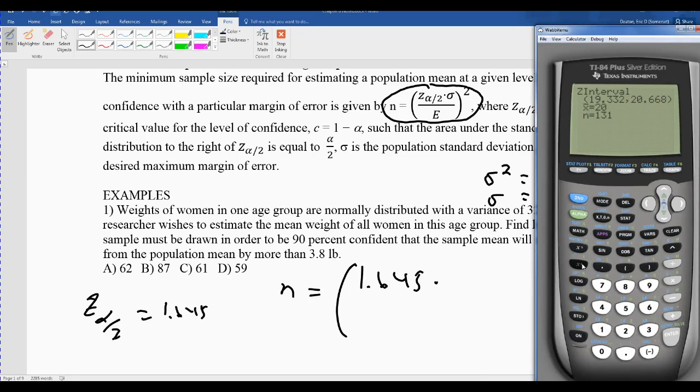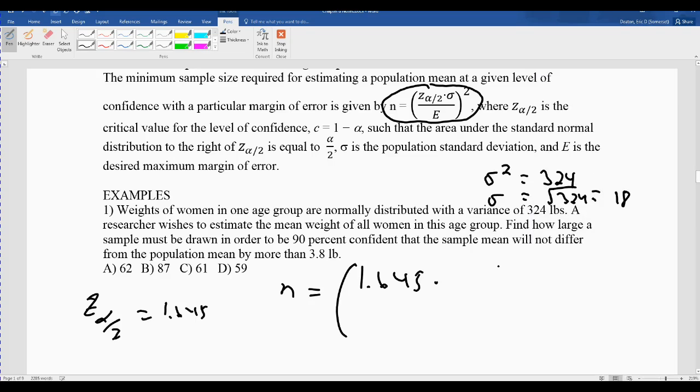So let's just check to make sure. What do you know? So I want to use 18 divided by the margin of error. It says will not differ from the population mean by more than 3.8. That's our E. And then squared.